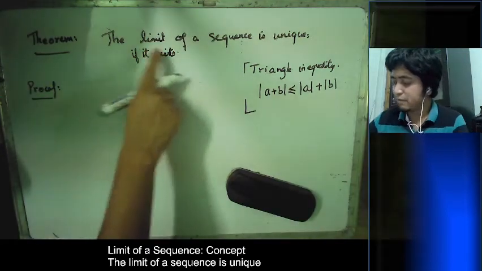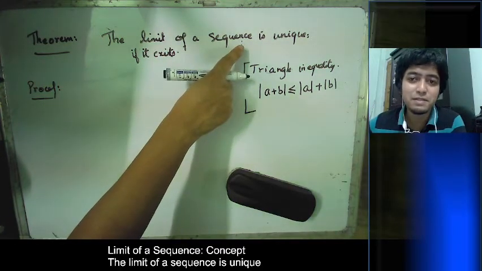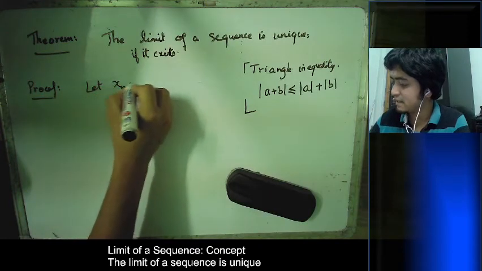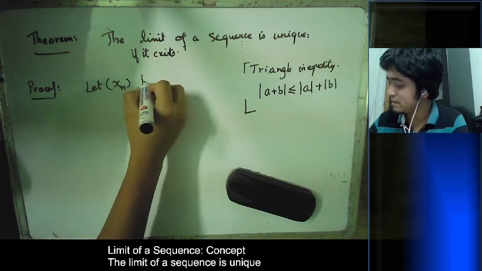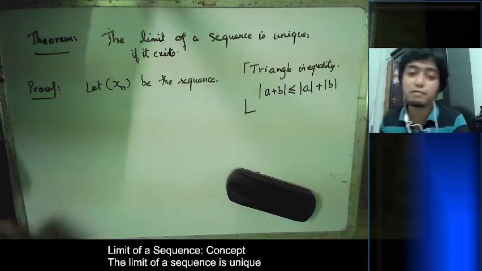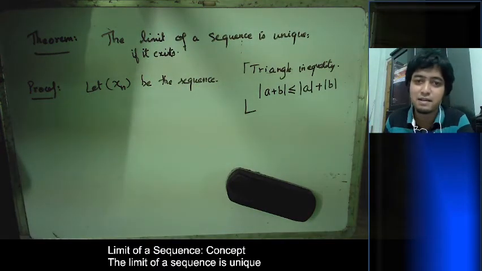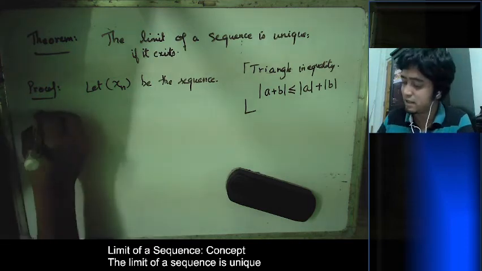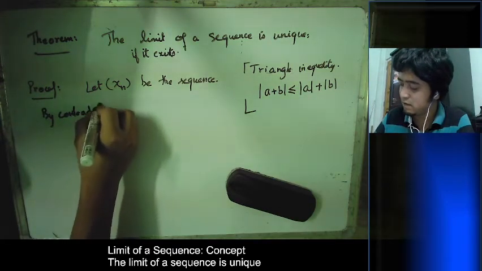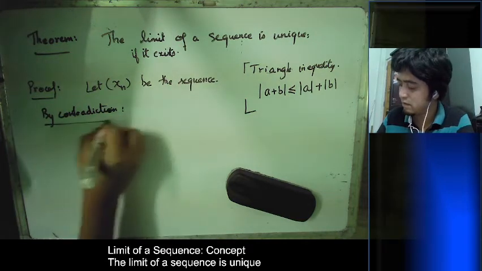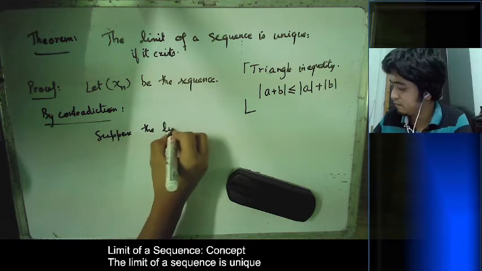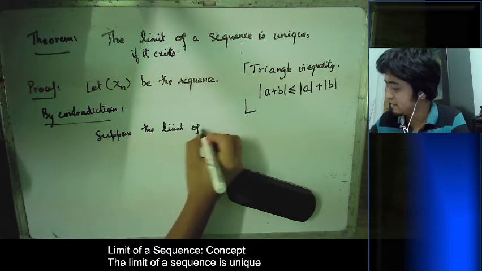So we have to show that the limit of a sequence is unique. First of all, let xn be the sequence. Again, we will do it by contradiction. Suppose it is not unique. Suppose the limit of xn is not unique.